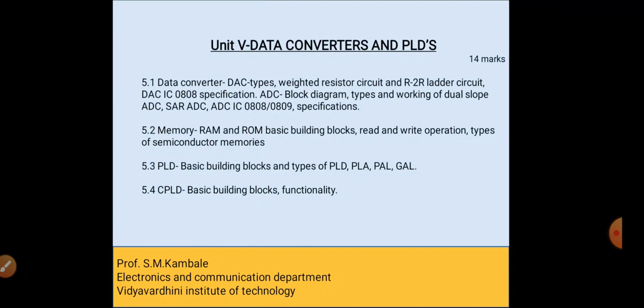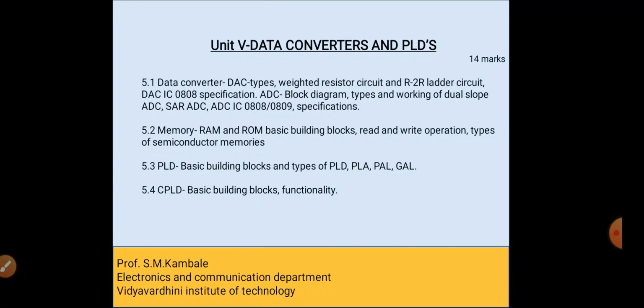And the second type of data converter is the ADC, that is analog to digital converter. There are also two types. One is the dual slope ADC and the second is the successive approximation ADC. So this is all about the data converters.